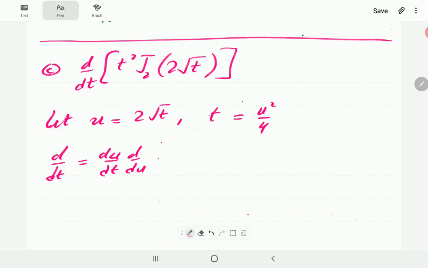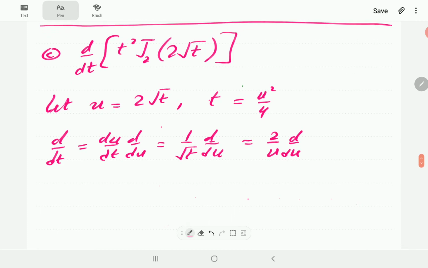Okay, dt du is going to be 1 over square root t. But square root t is u over 2, so this is going to be 2 over u du.